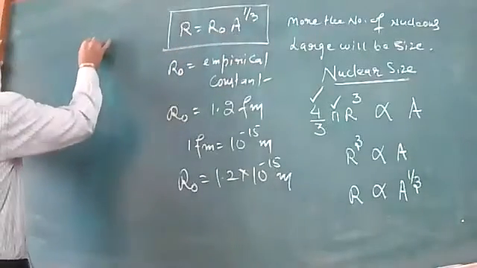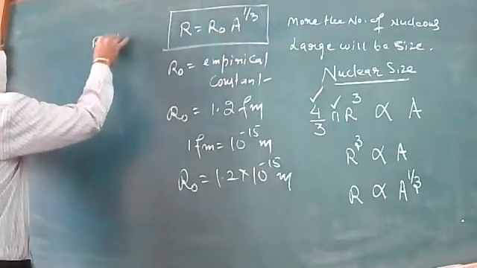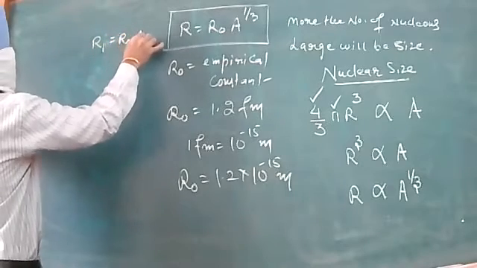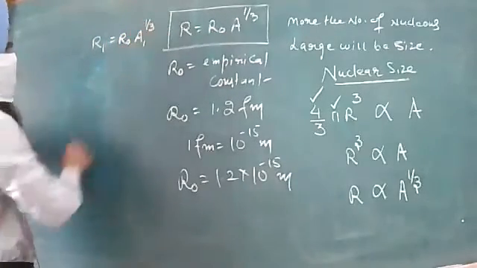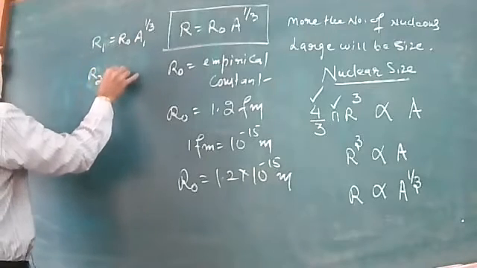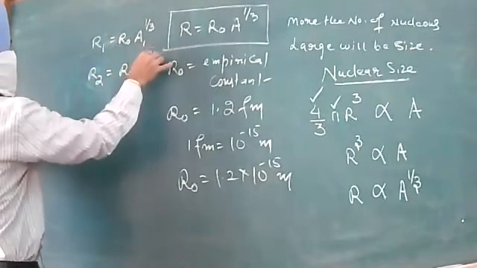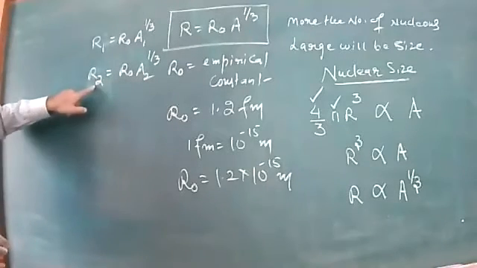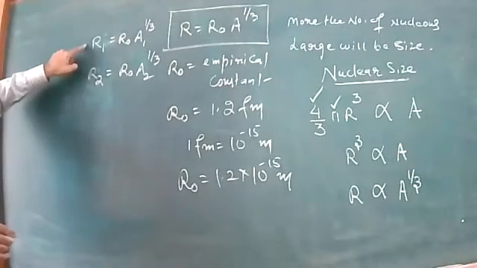So for the first one, you will write R1 is equal to R naught A1 power 1 by 3. Then for the second, you will write R2 equal to R naught A2 power 1 by 3. If you intend to calculate R2, you will divide this by this.